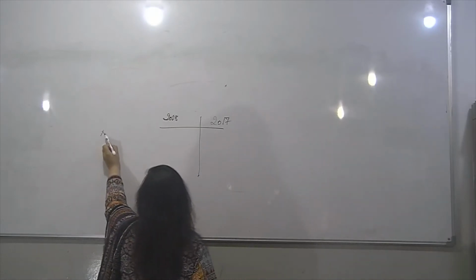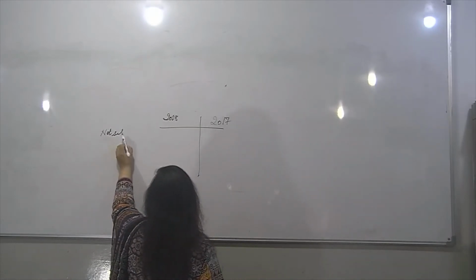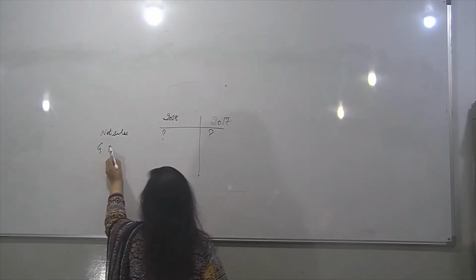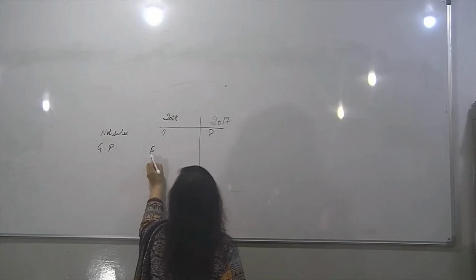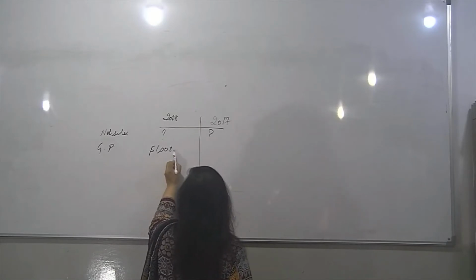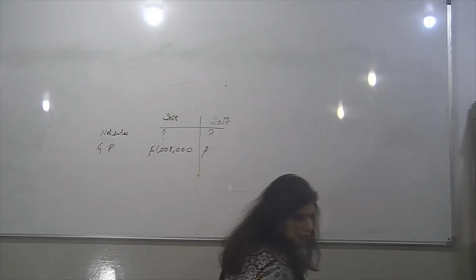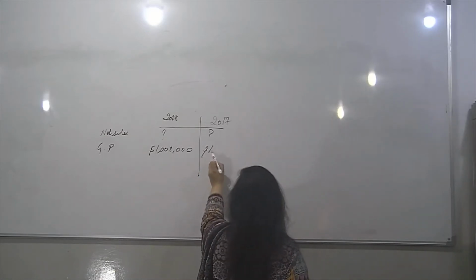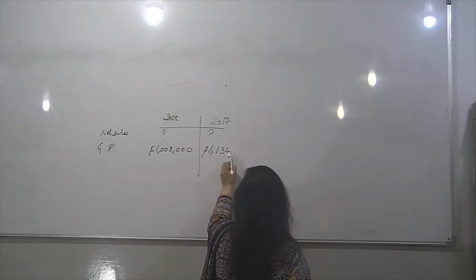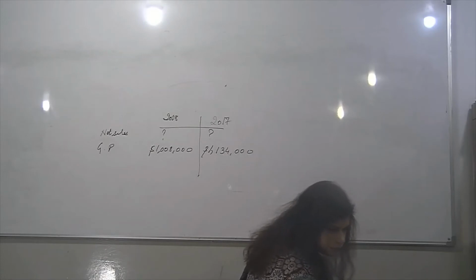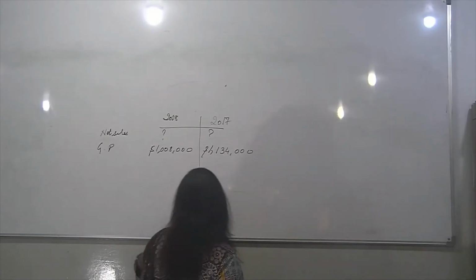So I'm going to just leave whatever we have to find out as a question mark. And we have gross profit as 1,008,000. Then this as 252. No, this is 1,134. And then we have income before income tax.